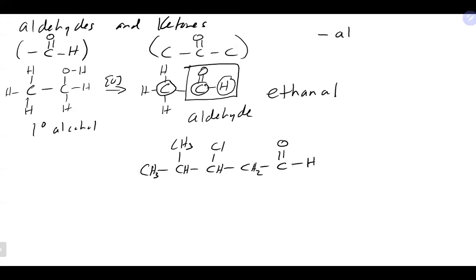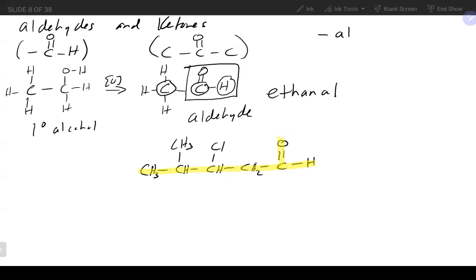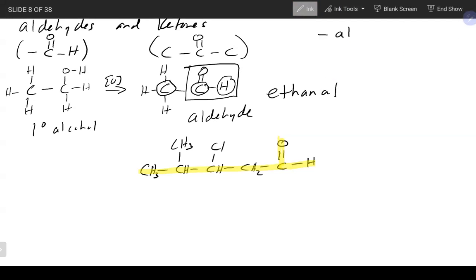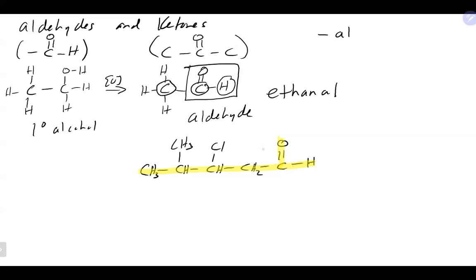That would be in this case 1, 2, 3, 4, 5 that contains this guy, which is our functional group. You could also get 5 going down from the top as well if you wanted to. So 5 carbons is based off of pentane, and because it has this aldehyde group, this is known as pentanal.